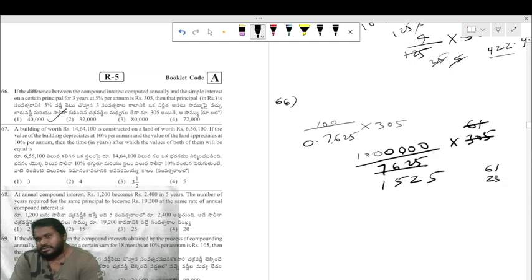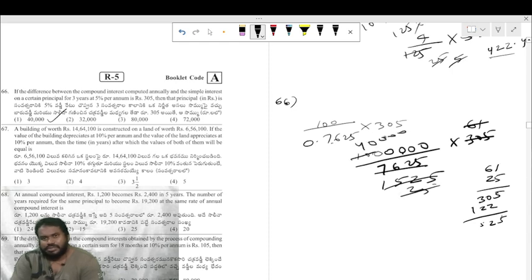So 25 times I do because it is ending with 5. 5 on the 5, 5 6s are 30, 2 on the 2, 2 6s are 12, 5, 2, 5. Okay, so it gets cancelled. 25 times 25, 4. 40,000 is the answer. 40,000 again.